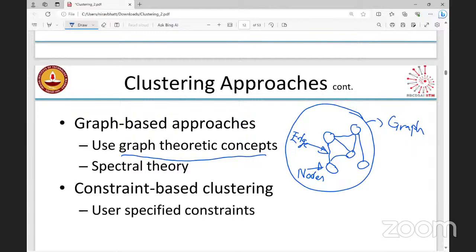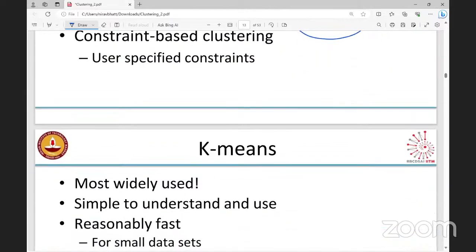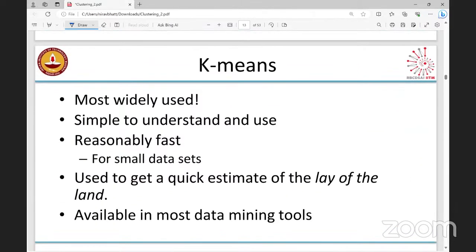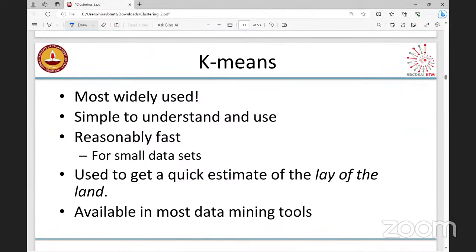There is also constraint-based clustering, where users specify a certain set of clustering constraints, and based on that we do clustering. One of them is k-means clustering, which is one of the simplest methods, and I'm going to discuss that. Then I will quickly discuss hierarchical clustering and some other clustering techniques in a brief manner.